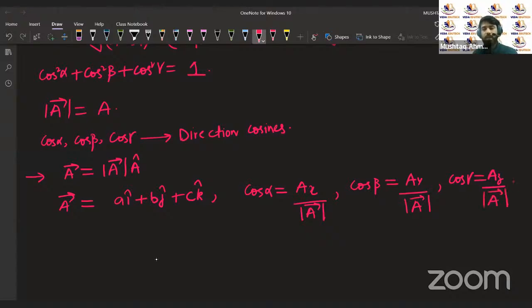The direction cosine is calculated by taking the magnitude of the X component upon the magnitude of the whole vector, which gives us the direction cosine along X. Similarly, we can calculate the direction cosine along Y and along Z.